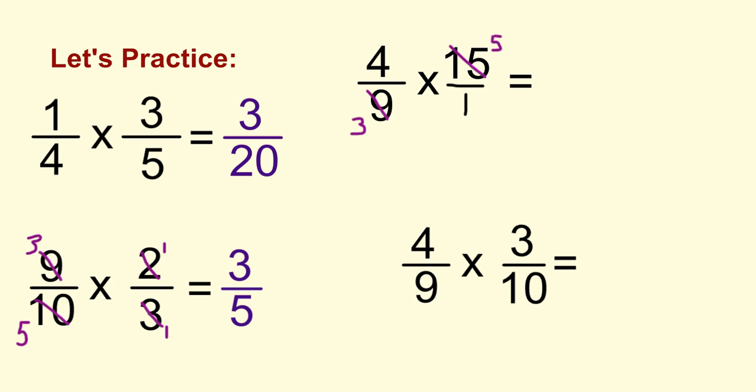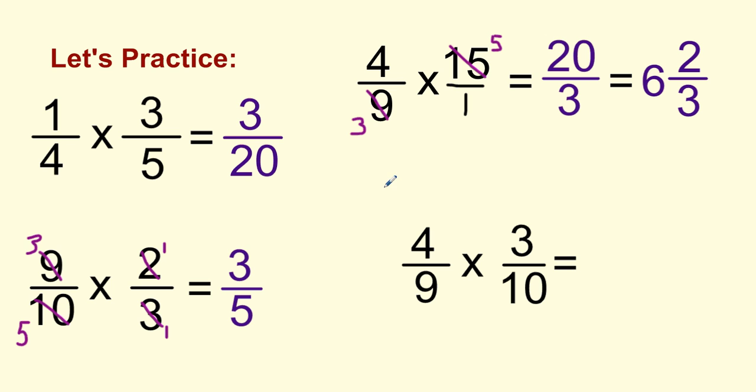Once we don't have any more common factors, we simply multiply the numerators and the denominators. But look at this. What have we got here? An improper fraction. At this point, we need to convert the improper fraction into a mixed number, and we get 6 2/3.